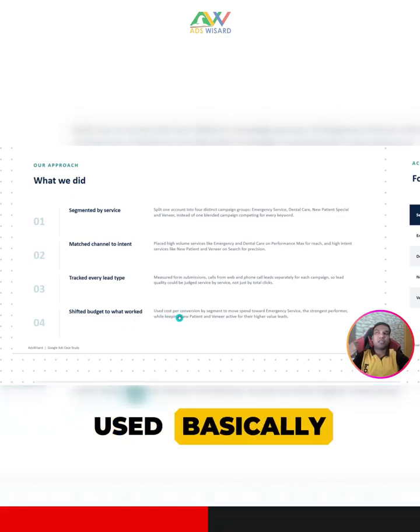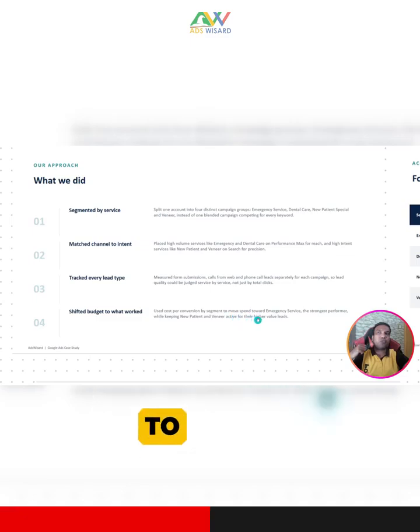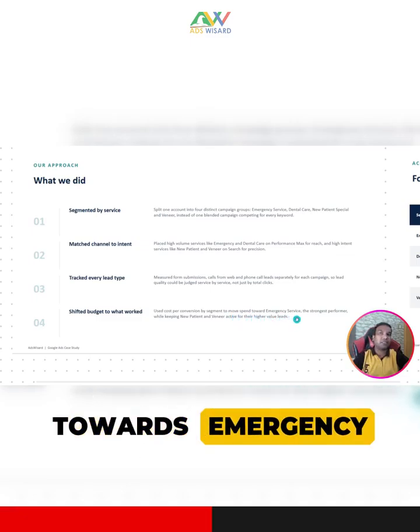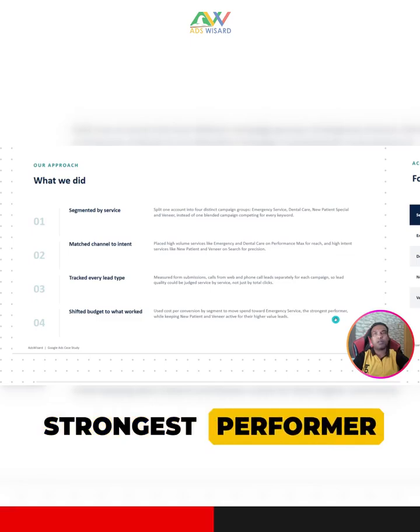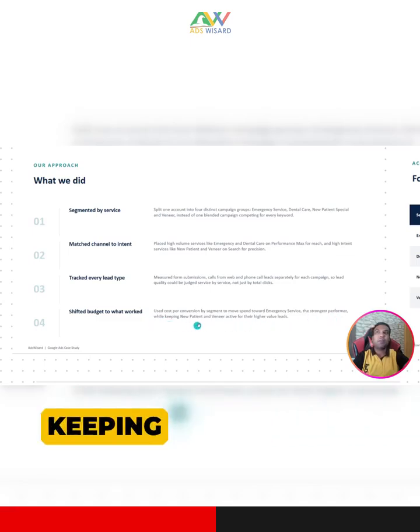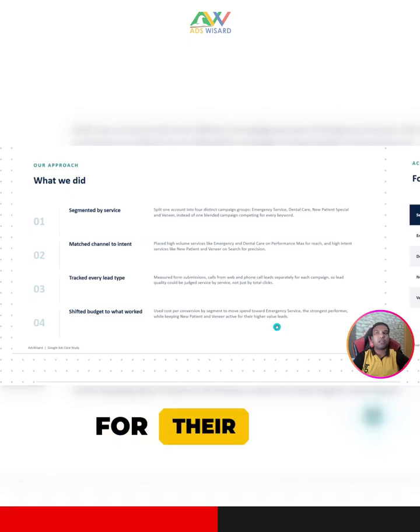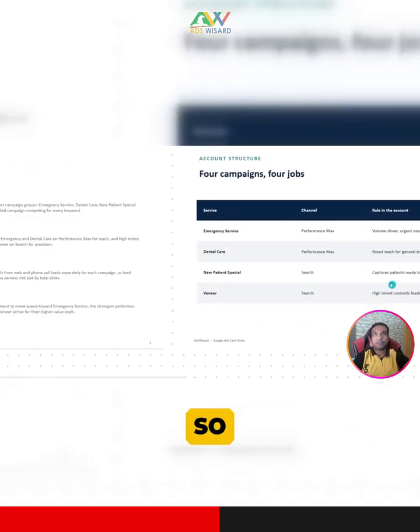We used the cost per conversion by segment to move spend towards emergency service, the strongest performer for that month, while keeping new patient and veneer active for their high value leads.